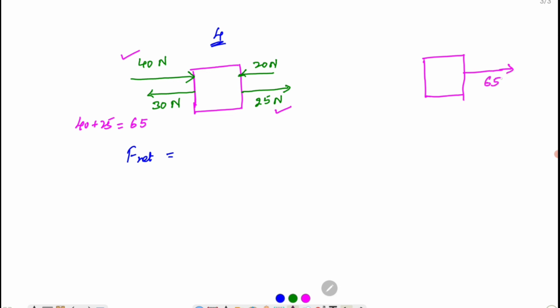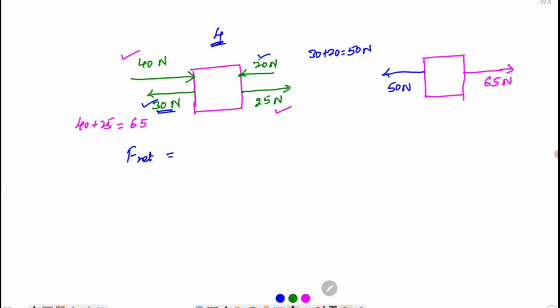Clear? 65 Newton. Next, observe these two, 30 Newton and 20 Newton. These two are acting in the direction of west. So add these two. Again, these two are acting in the same direction. So add them. How much is that? 30 plus 20, which is equal to 50 Newton. This is acting in the direction of west. Clear?